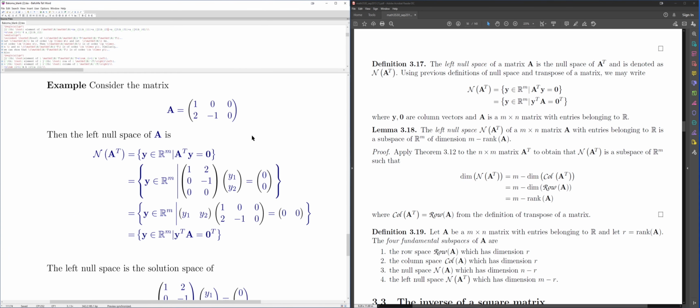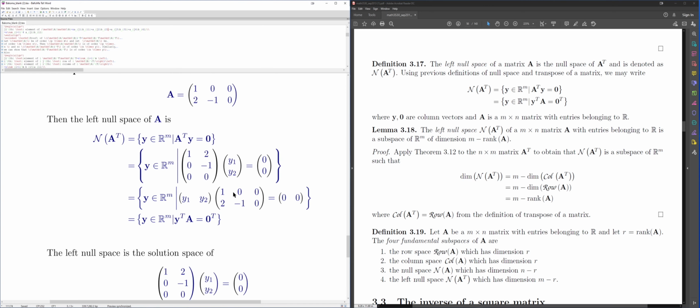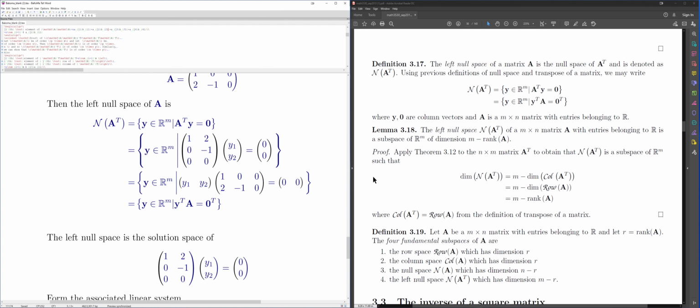I want to get the left null space of it, so I'm going to take the transpose of it. The transpose is 1, 2, 0, minus 1, 0, 0. And now I want to get the null space of this A transpose.